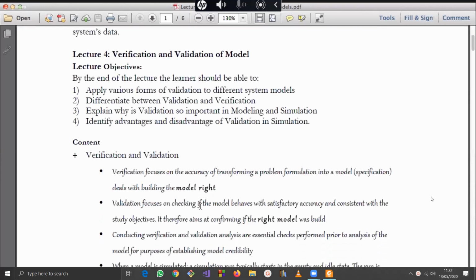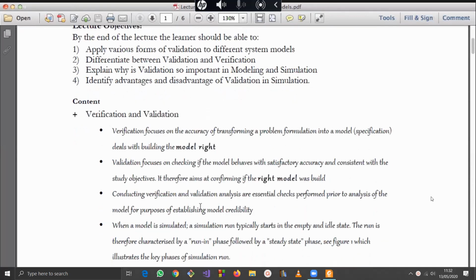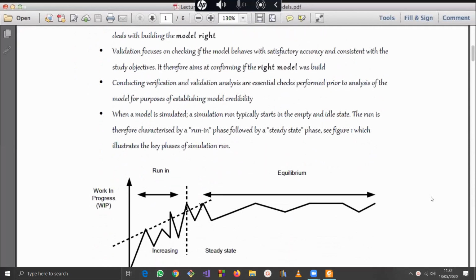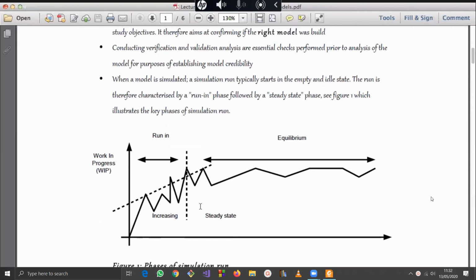Then we also looked at the various phases in model development and validation or model simulation. We said that there are potentially two distinct sections. That's the run-in and the steady state.